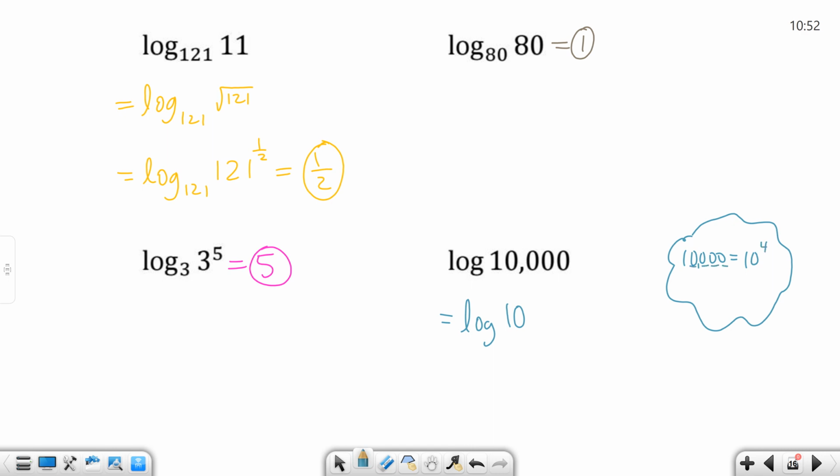Well, you count the zeros. 10 to whatever power is 1 with that many zeros. Or 10 times 10 is 100, times 10 is 1,000, times 10 is 10,000. That was 4 tens. So log of 10 to the 4th. And again, the bases match, understood 10 here, so the answer is just going to be 4. That's the third rule, but it's special to common logarithms because there's no base there. But it's the same exact rule. It's just we have the understood base of 10.